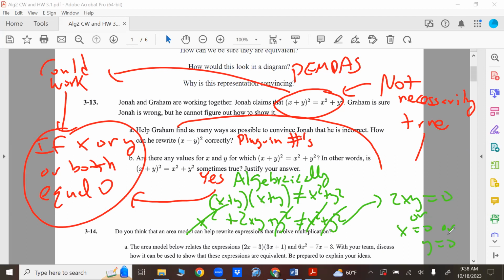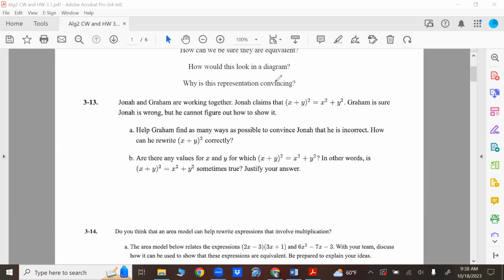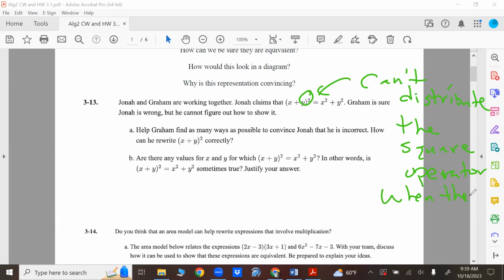So very important that we don't make that mistake, because some people think they can distribute the square. You cannot distribute the square. That's just something you cannot do. You can't distribute the square operator when there is a plus or minus inside.